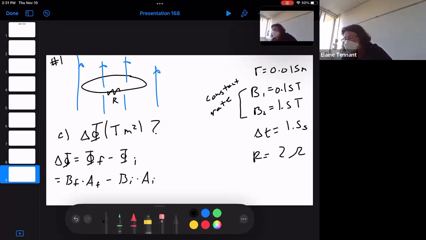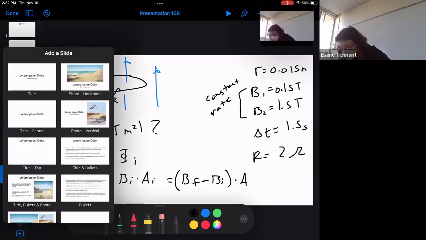Would we expect in this 1.5 seconds for the area of our loop to change? No, so we can just pull that out of our equation. And how would we figure out our area?